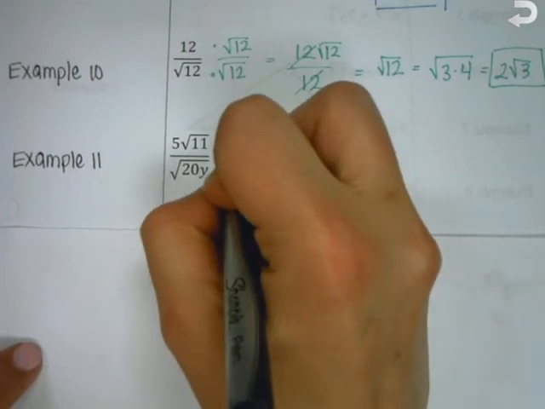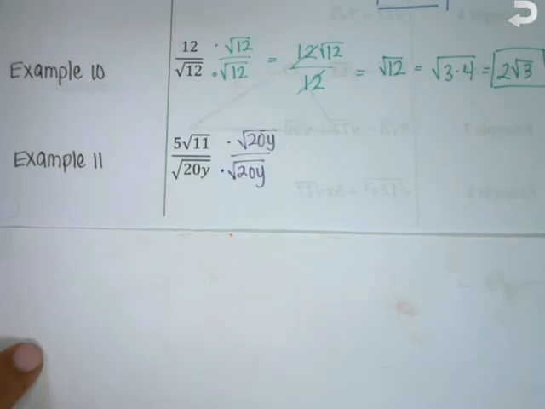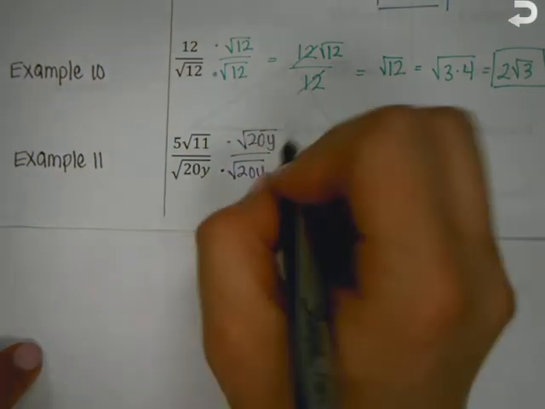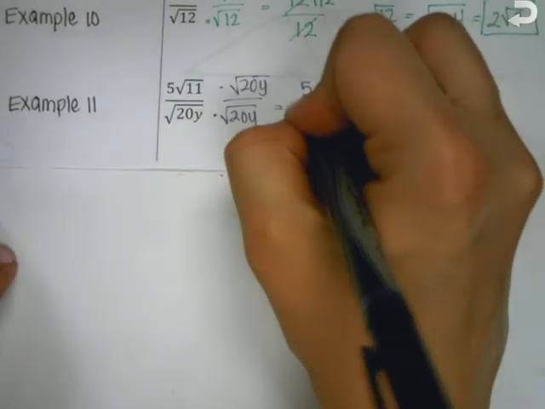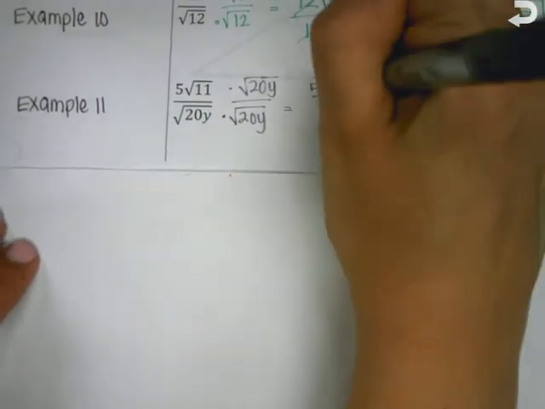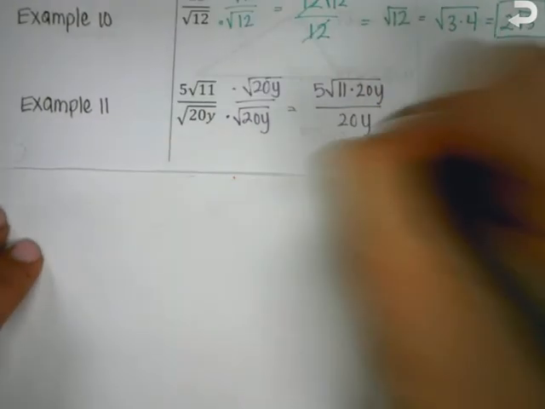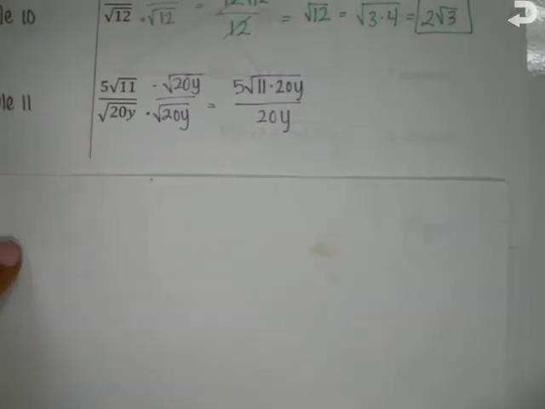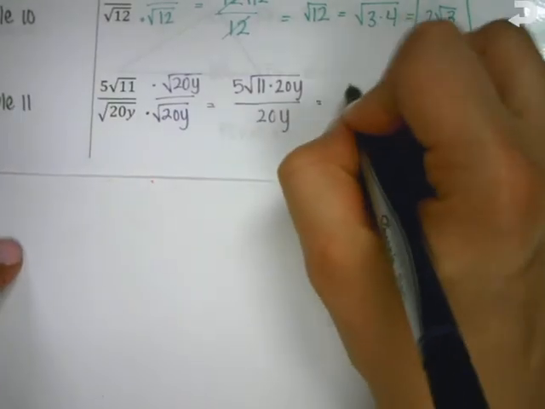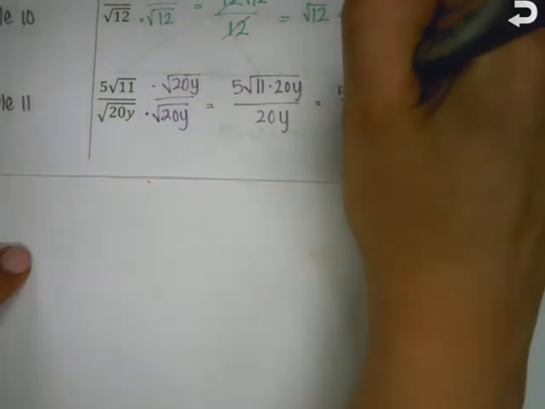Okay, this becomes, in the numerator, 5 square root of 11 times 20y over what? 20y. Who got it so far? Still good. Okay, so what is in the numerator? 5 square root 220y over 20y.